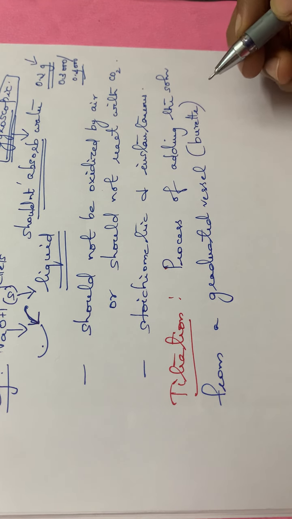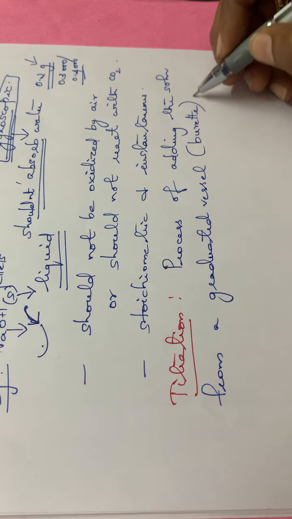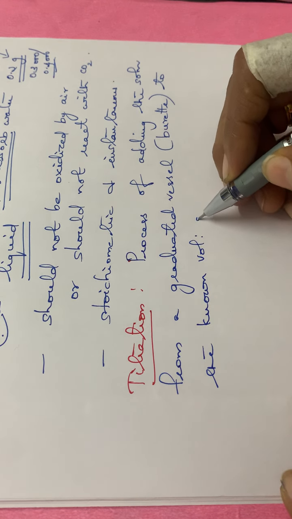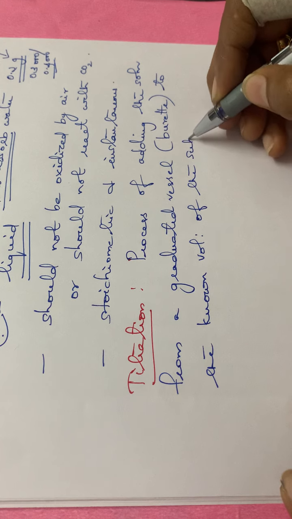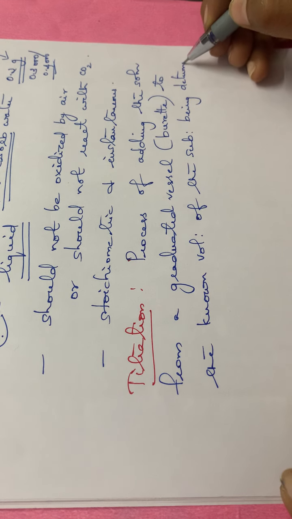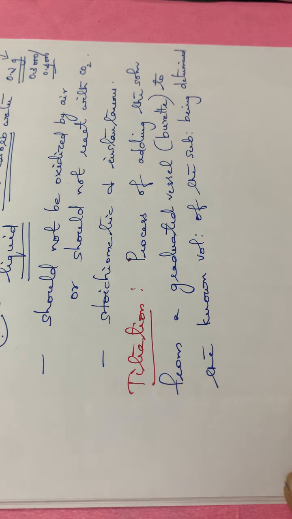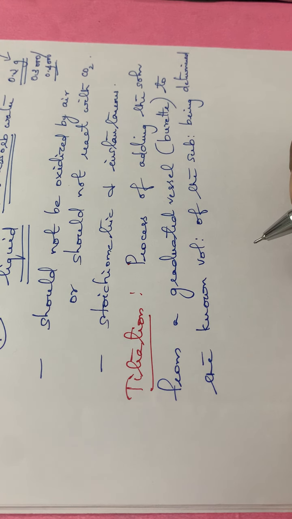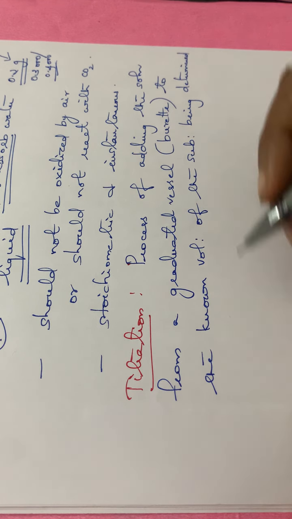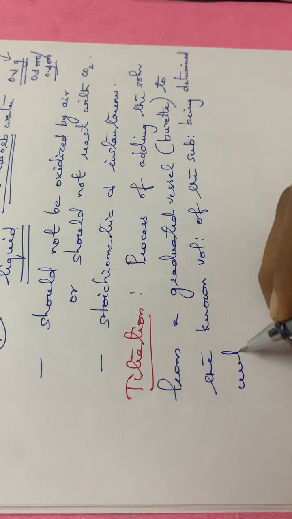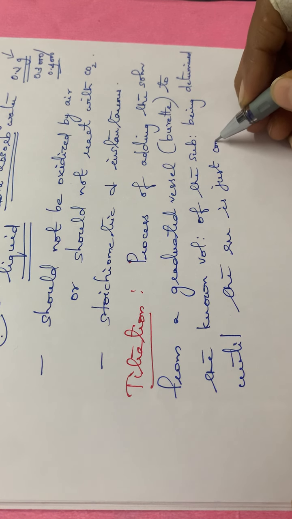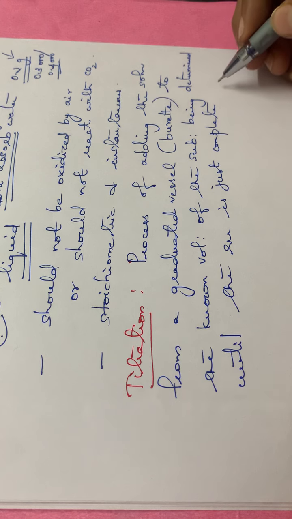The process of adding the solution from a graduated vessel to the known volume of the substance being determined, that is, to that solution which has an unknown concentration, until the reaction is just complete. That is called a titration.